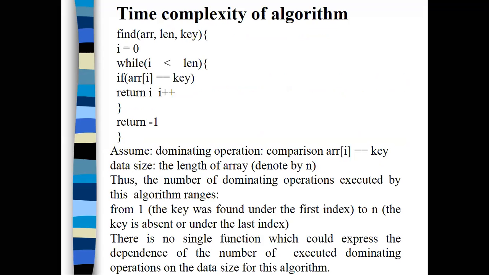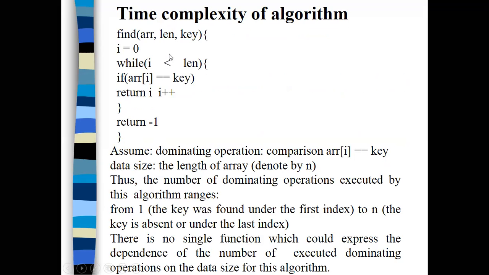So here we have the time complexity of an algorithm, the same code we studied earlier. We assume that the dominating operation is the comparison of array element with key, and the data size is the total array. As we know, the number of dominating operations executed by the algorithm ranges from 1 to n.